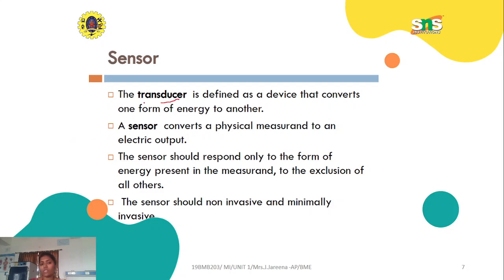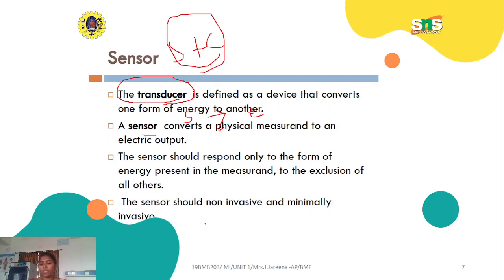So a transducer has two functions, sensing plus conversion, whereas the sensor has only one property, sensing. It gives the output only in electrical form, whereas the transducer gives it in any form as per our wish.